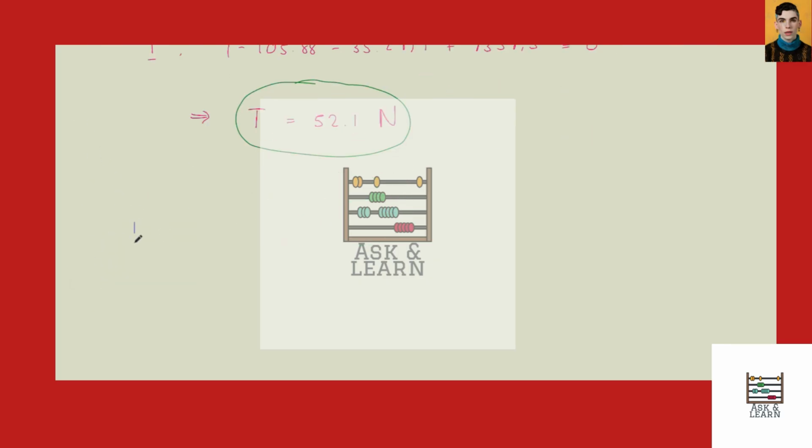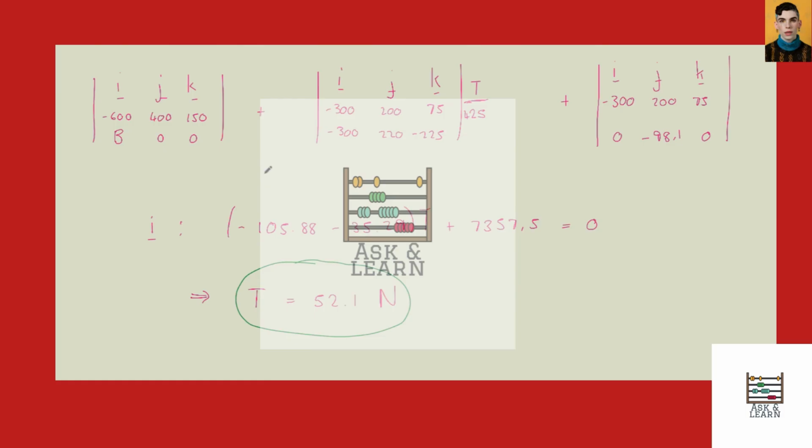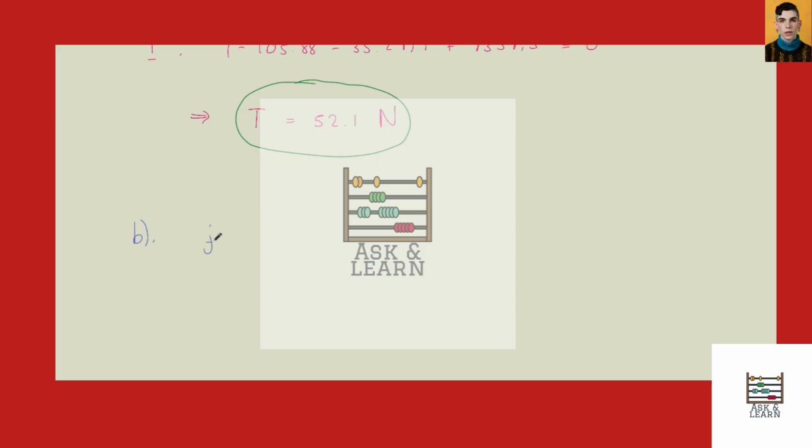Now we can immediately go to part B of the problem. And going back to the sum of cross products, we can take now the J components. And the J components give us 150B minus 300 times 75 plus 300 times 225 into the tension 52.12, over 425, and this must equal 0.